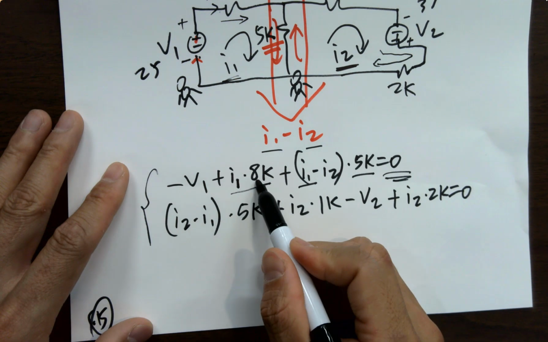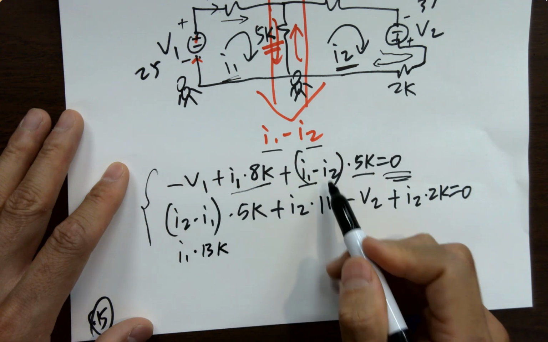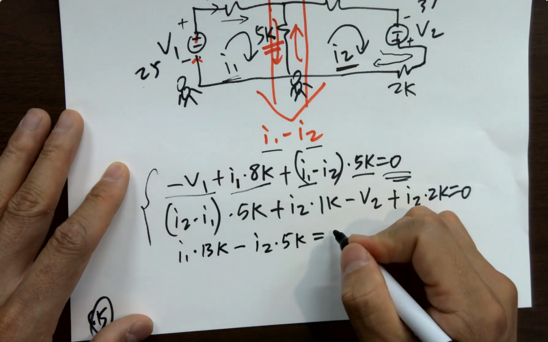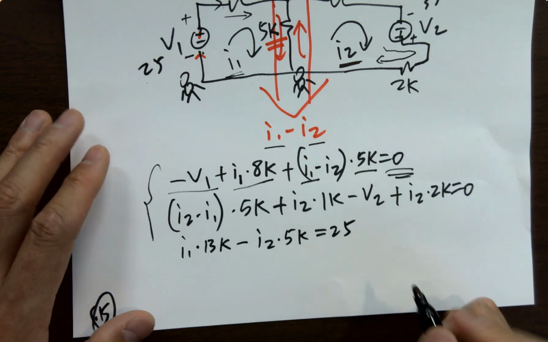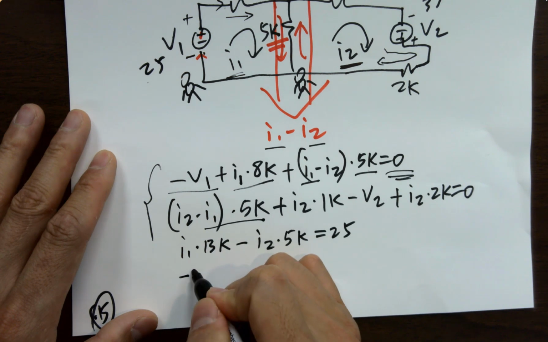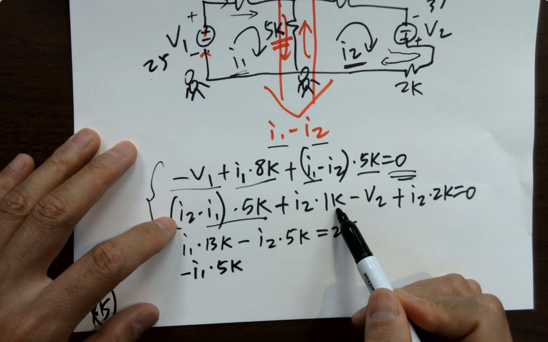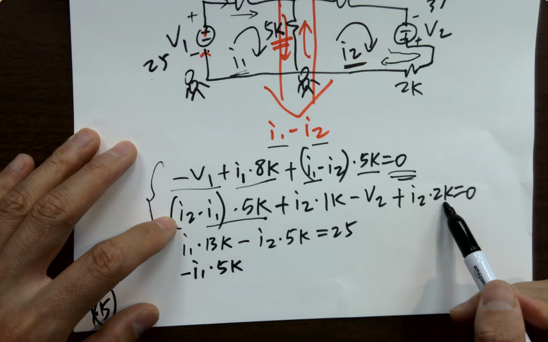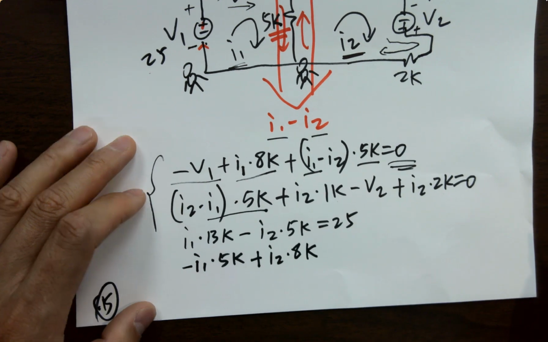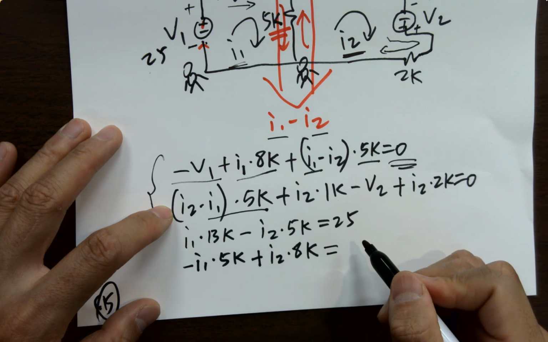So now you have 8K and 5K, so eventually it's I1 times 13K, minus I2 times 5K equals minus 25. Move to the right, it will be 25. That's the first one. And the second one, you have I1, and that's the only I1, so it's minus I1 times 5K. For I2, you have 5K I2, 1K I2, and 2K I2, right? So eventually it's 8K. And V2 moved to the right will be 39.